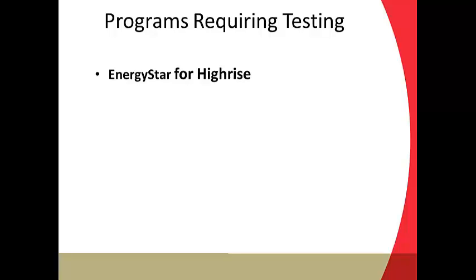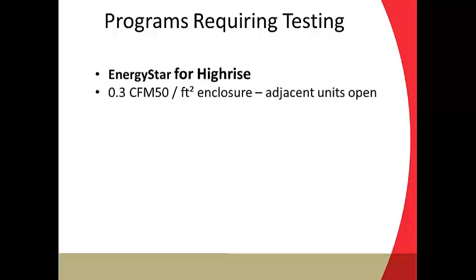Energy Star for high rise is a compartmentalization test, so you're testing unit by unit. And that standard is 0.3 CFM per square foot of enclosure area with adjacent units open to the outside. So you're seeing 50 pascals across all surfaces during that test.